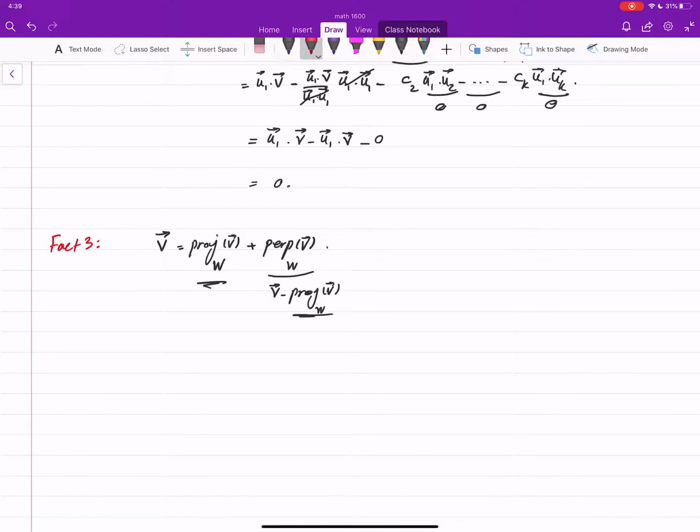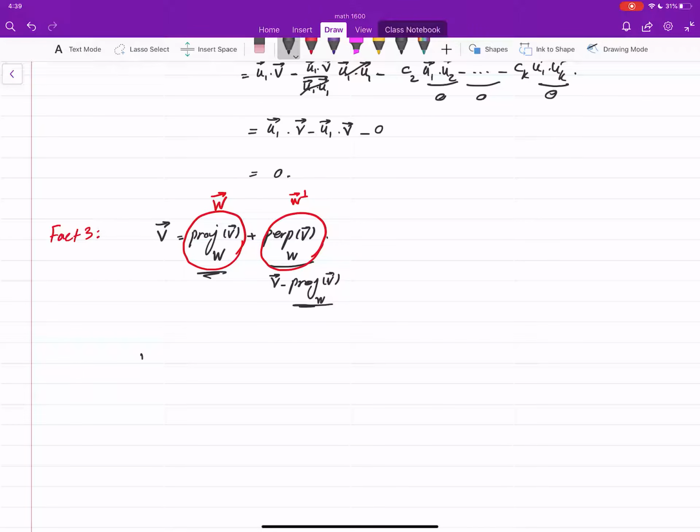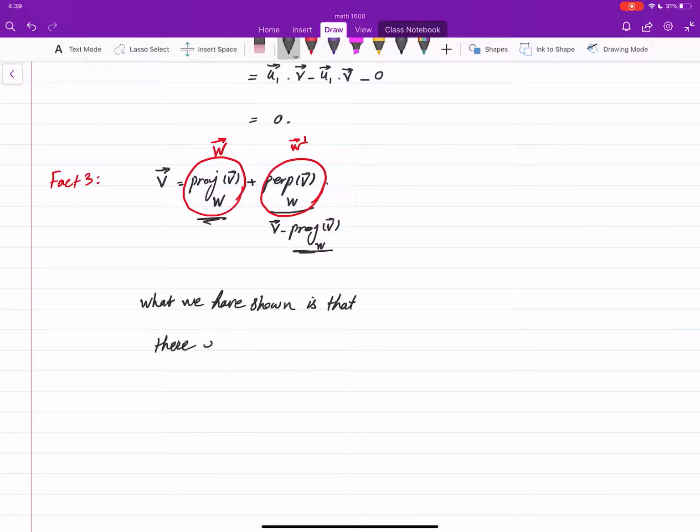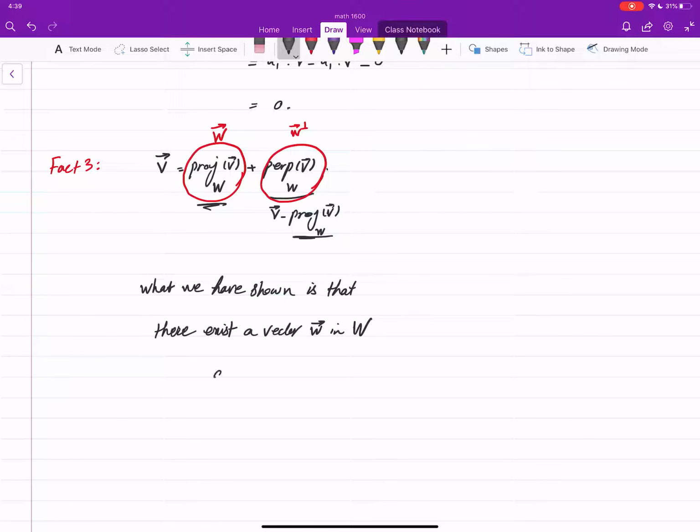In other words, if I call this one vector w this time, and I call this one vector w perp, what we have shown is that there exists a vector w in the subspace W and a vector w perp in W perp such that V is equal to vector w plus w perp.